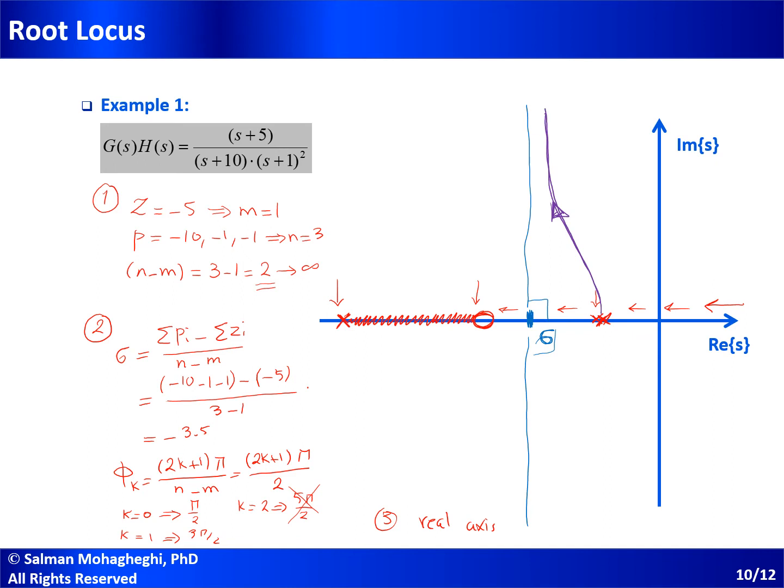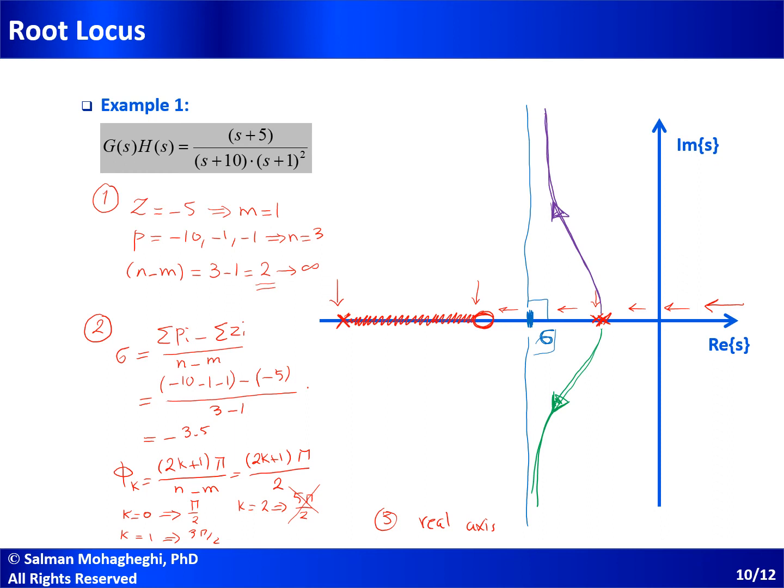The other one will go to infinity along this asymptote. Now, how do I know about that? Well, these two poles are the starting points of the loci. Remember that each locus will start from an open loop gain pole and will end either at an open loop gain zero or at infinity. Since I don't have any additional zeros corresponding to these two poles, that means that the loci will start from these poles and will go to infinity along those axes.